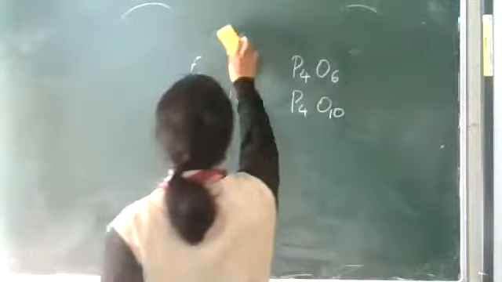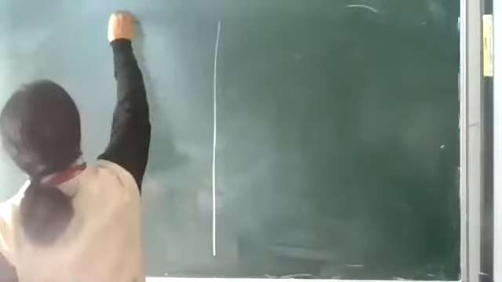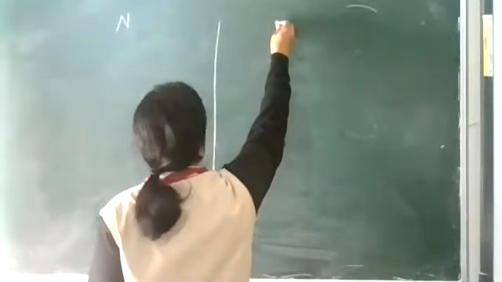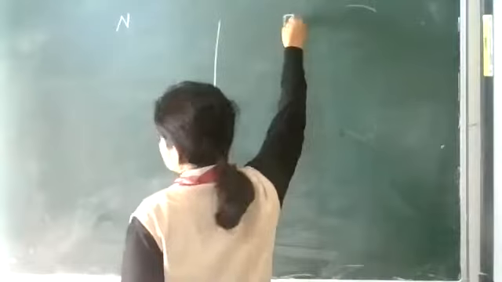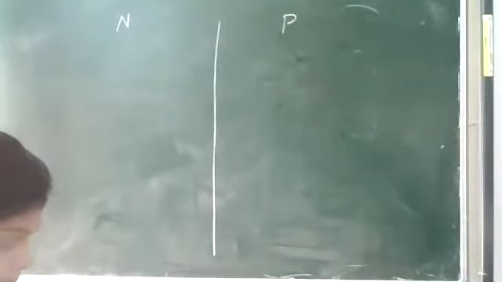Next we are moving to the anomalous properties of nitrogen. The anomalous properties of nitrogen are due to small size, high electronegativity, and high ionization enthalpy.